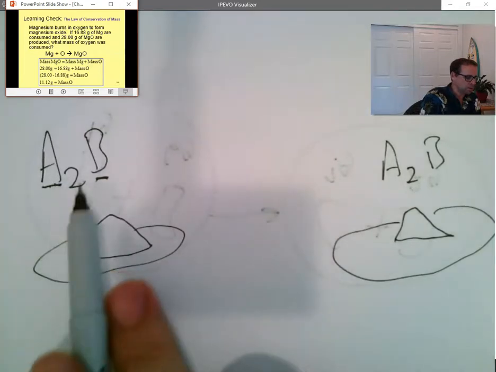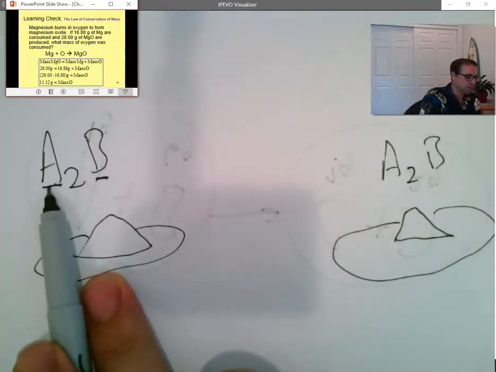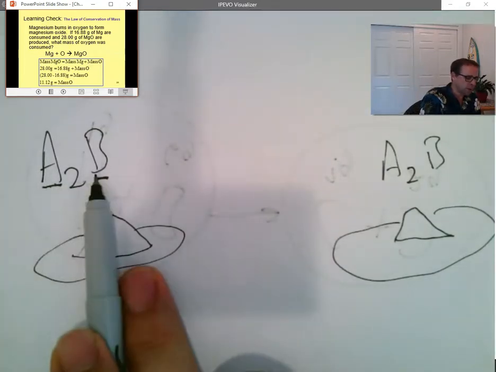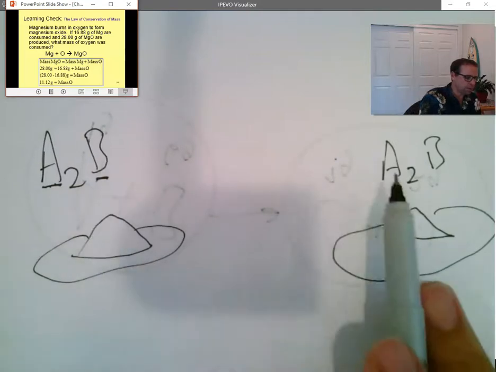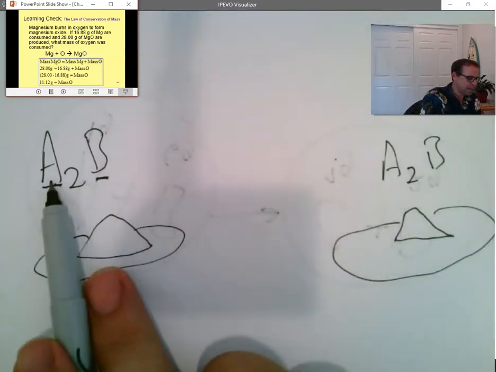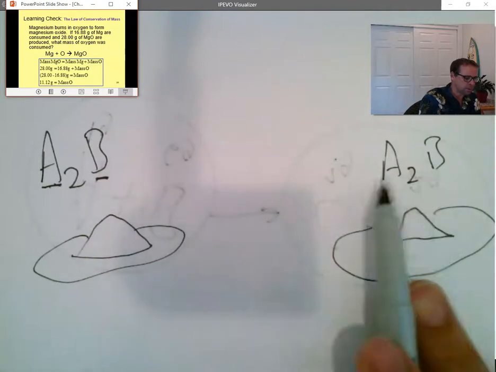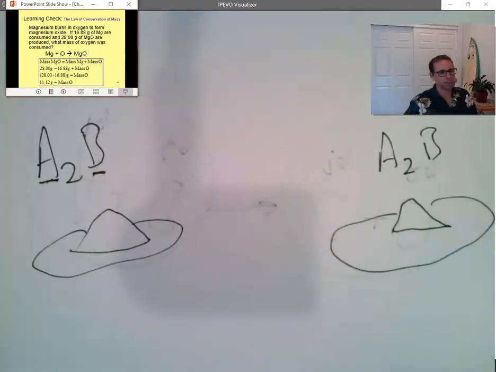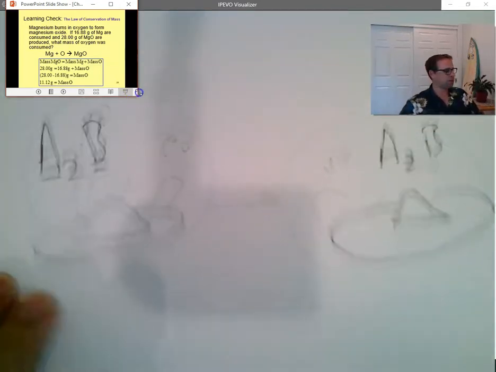So the number of atoms of A per atom of B is the same ratio here. The mass of A is the same ratio because it's the same material. So the law of definite proportions.